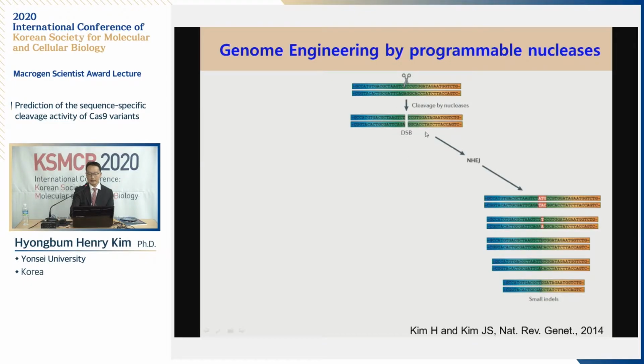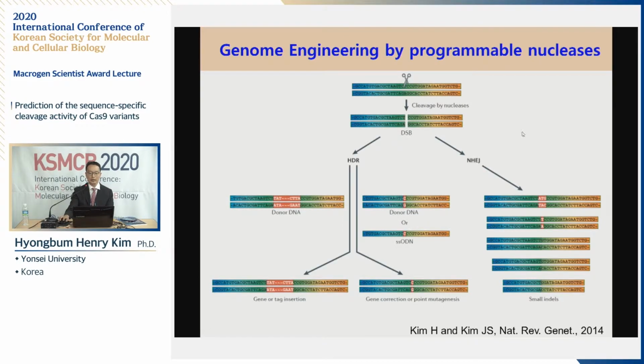In addition to knocking out a gene, we can also correct mutations in certain genes by the homology-directed repair process. For this process, we need to add one more component of genome editing, like donor DNA or single-stranded oligodeoxynucleotides.